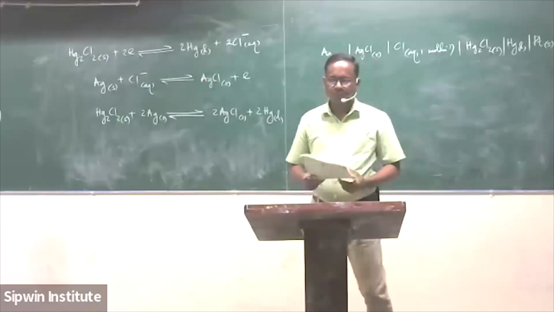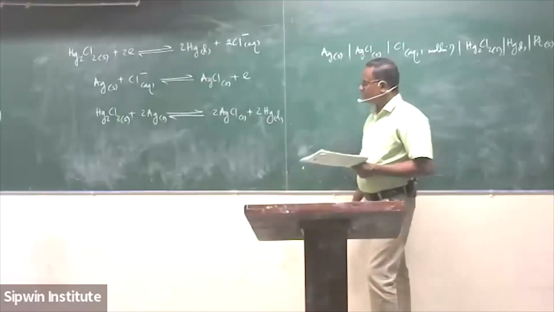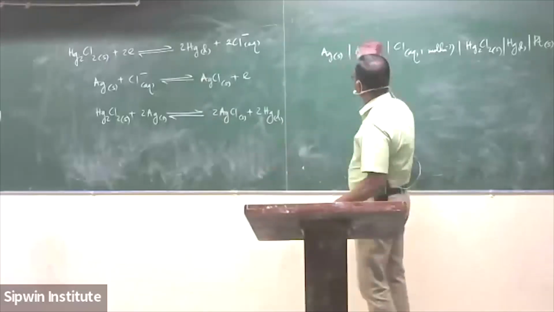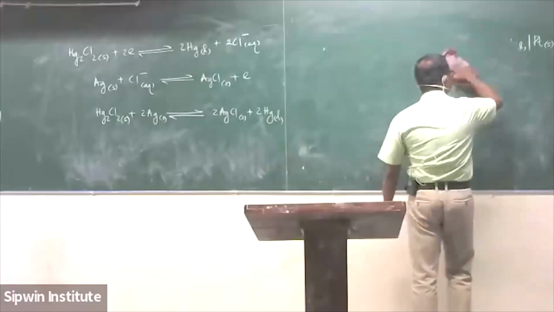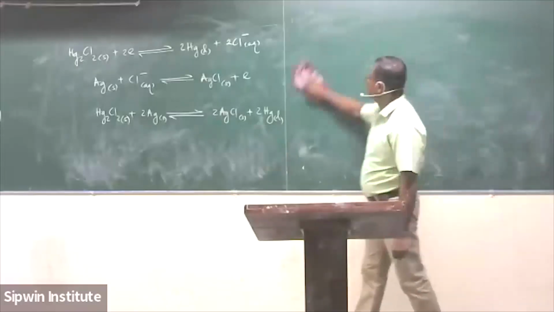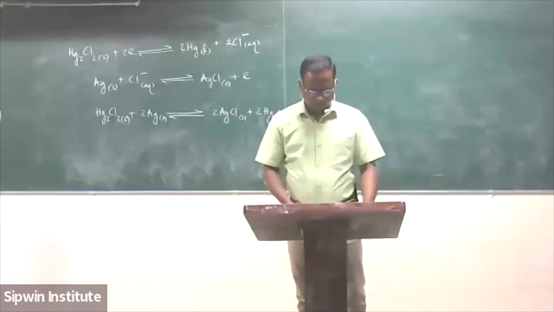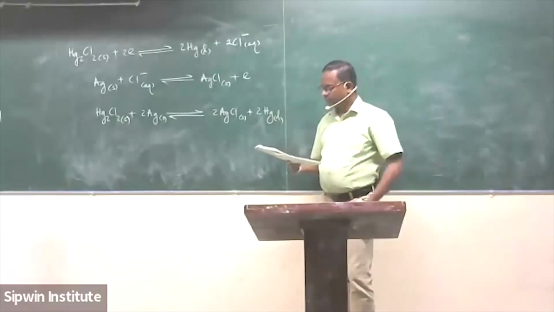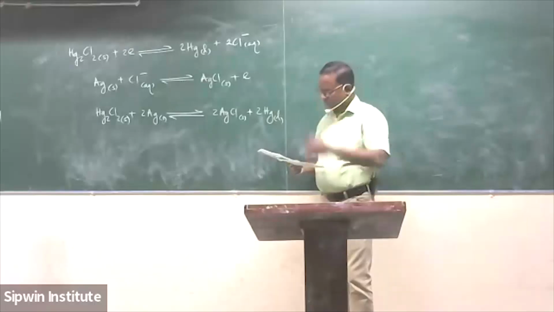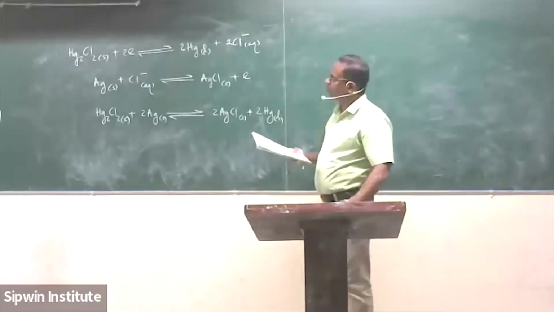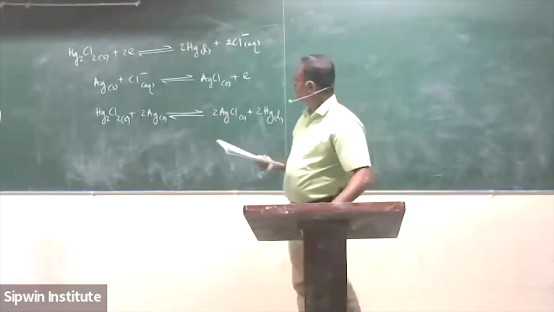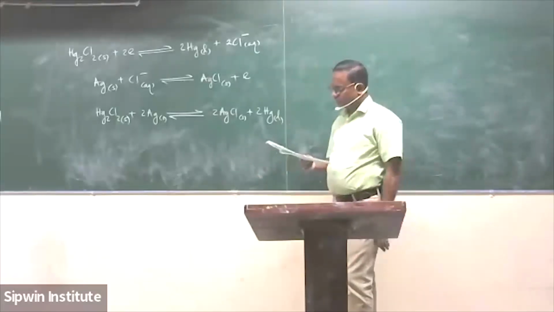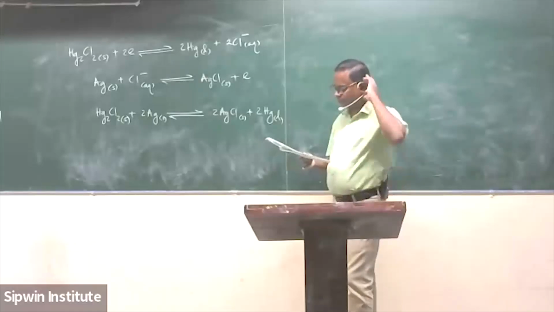Is that fine? No problem. Last part. Calculate the change in the mass of the silver, silver chloride electrode when a current of 0.1 ampere was drawn for a period of 60 minutes from the cell.